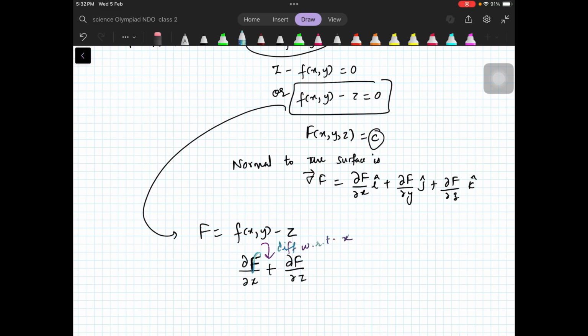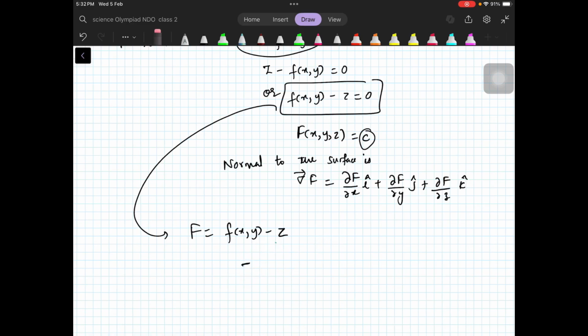So this will be curly f by curly x minus the derivative of this, curly F by curly z, into curly z by curly x.